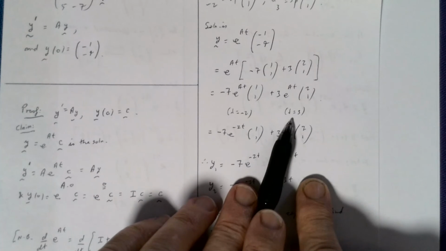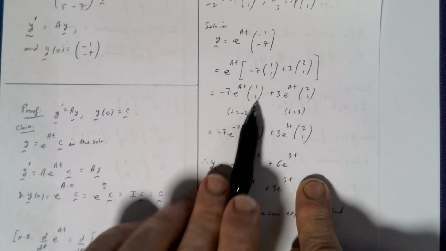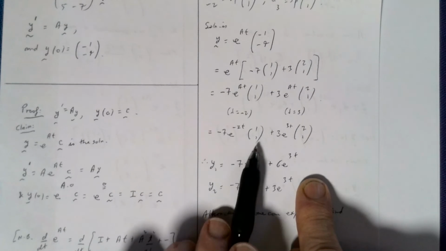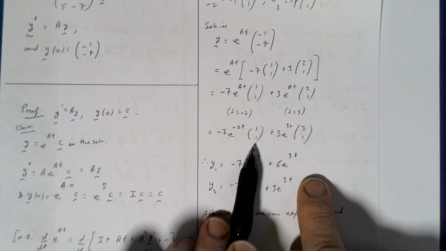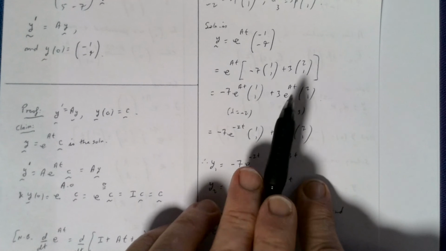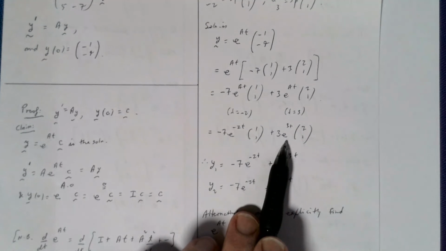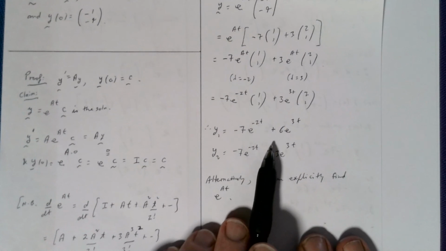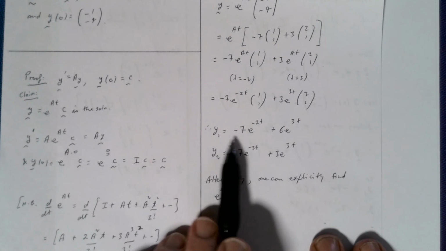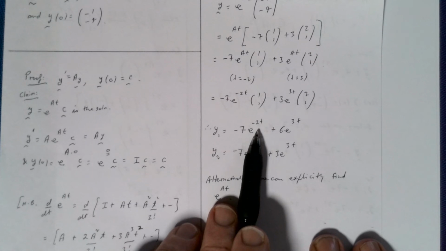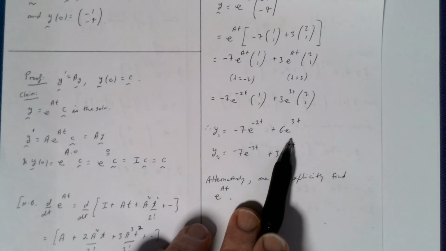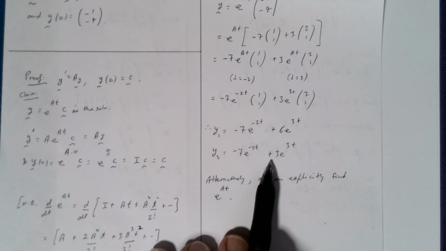So when this matrix hits this vector, you just get e to the -2t times the vector. And when this horrible matrix hits this vector, you just get e to the 3t times 2, 1. And finally, splitting these up into their components, we get y1 is -7 e to the -2t plus 6 e to the 3t, and so on. And that's exactly what we got before when we did it the other way.